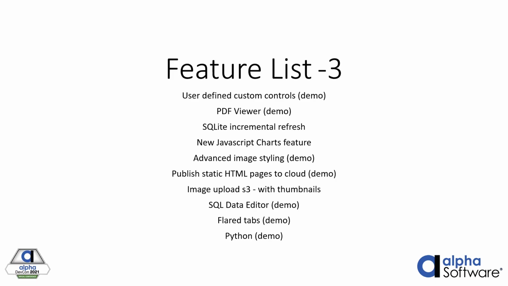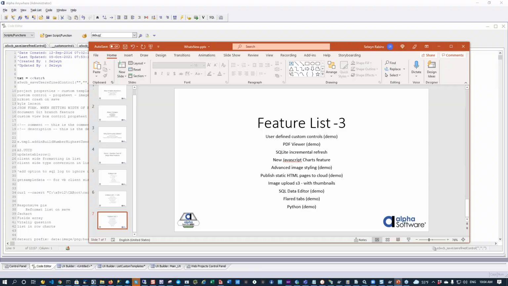So right now, all server-side code in Alpha is written using XBasic, but Python has become really popular, and we're making it easier for people to write server-side code using Python. So with that, I'm going to now switch over to Alpha and actually demo some of these things that I mentioned we'll be demoing.